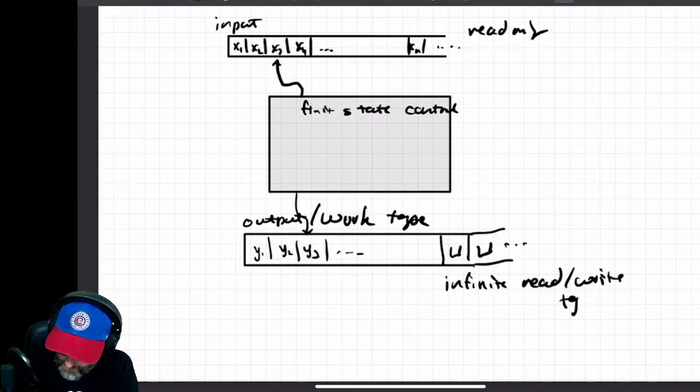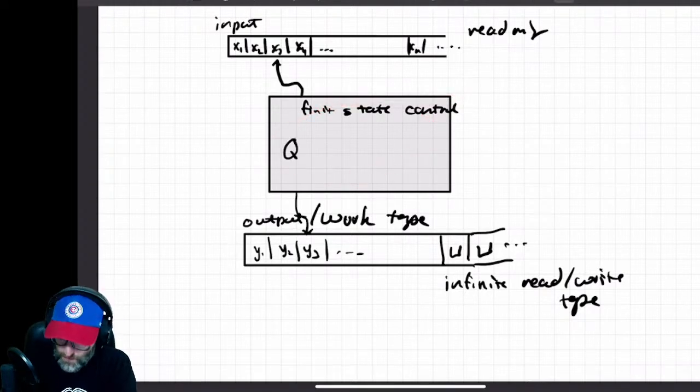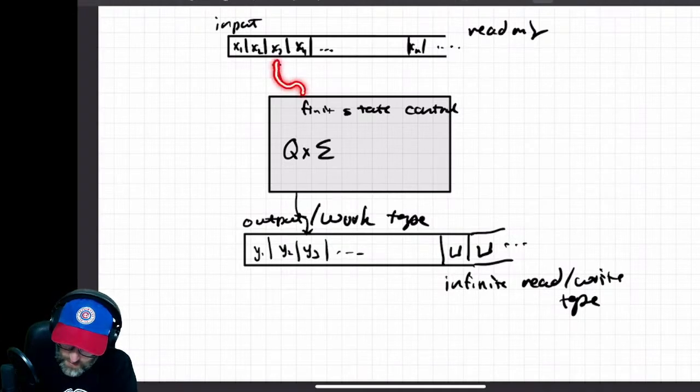The idea here is that the finite state control is in some state. It's going to look at the input, so sigma here. It's going to look at the current bit that it's reading, and it's also going to look at the current bit that it has written, or maybe it hasn't been written yet, and it's a blank space.